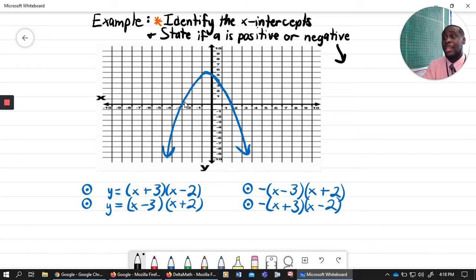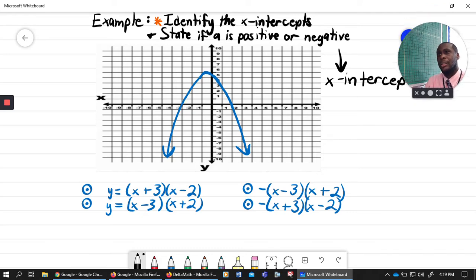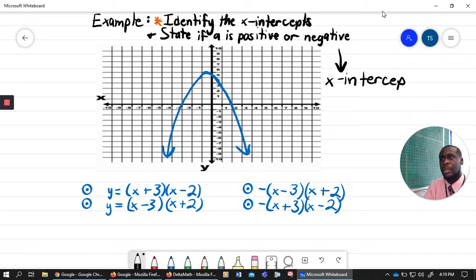That's an x-intercept. Let me move out of the way. There we go.